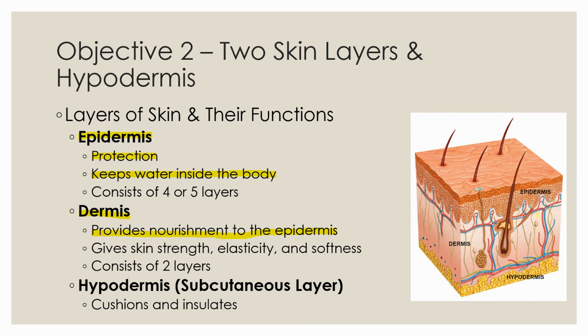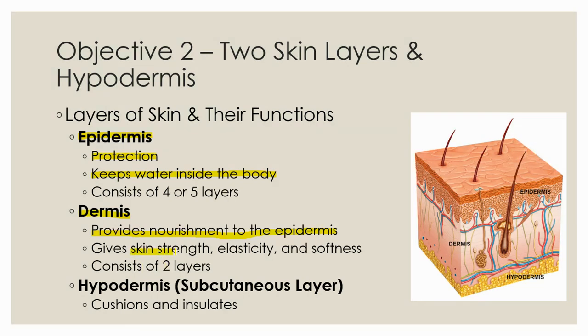If you look at the picture, the blood vessels are only down here in the dermis. So one of the dermis's responsibilities is to provide the nutrients and oxygen those tissues need from the blood. It's going to supply the upper layers of the epidermis, helping to nourish it.